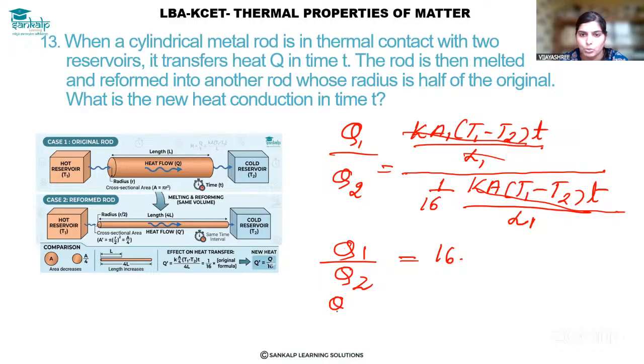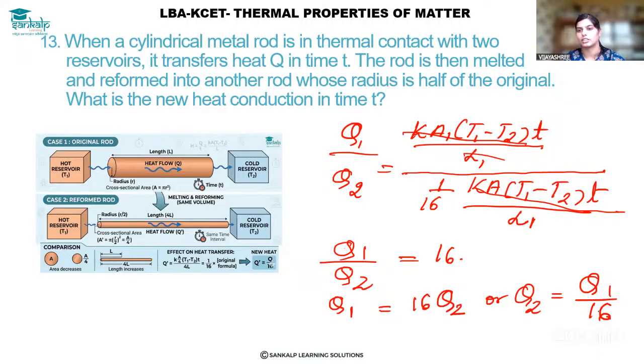So Q1 is equal to 16 times Q2, or Q2 is equal to Q1 divided by 16. Q2 is equal to Q1 divided by 16. So the correct answer is option B. Q divided by 16: here Q1 is taken as Q, so it is Q divided by 16. The initial heat transferred is given as Q, right? So we will take it as Q divided by 16. Right? Thank you.